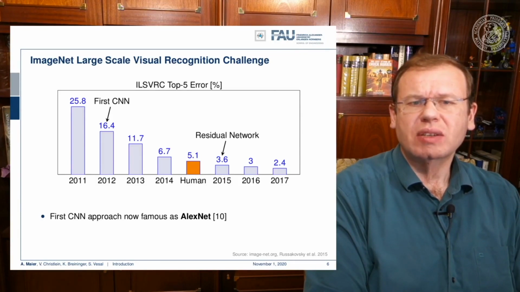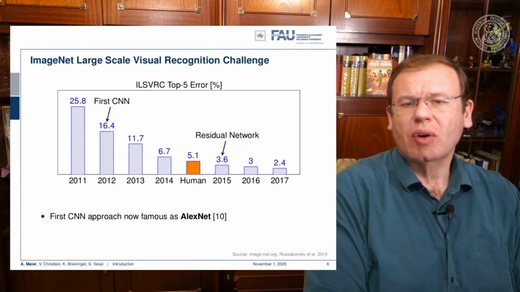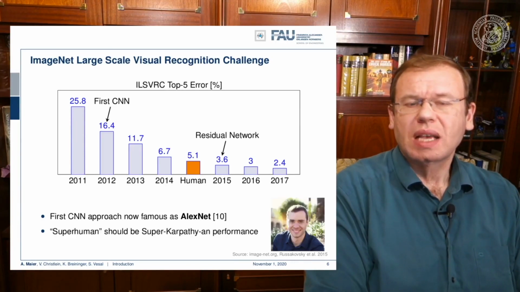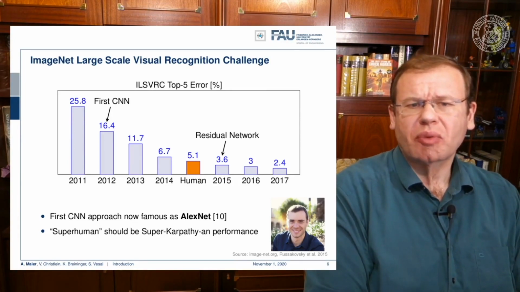You can see that not only in 2012 there has been progress, but in 2013 and so on, the error rates were more and more decreased until we essentially reached a level where they are approximately in the same range as humans. So the neural networks reported there are the first results where people have been claiming that there has been superhuman performance. So is it really superhuman performance?